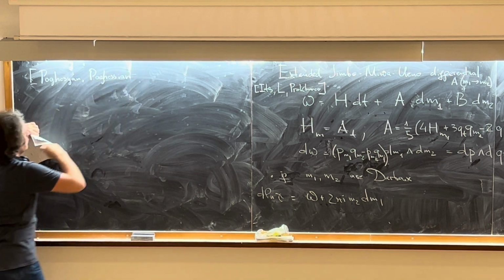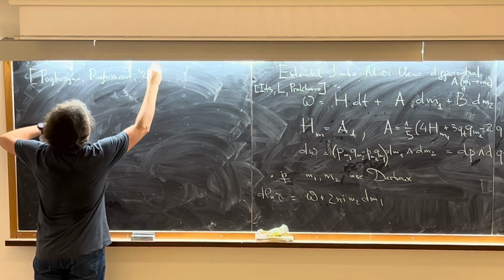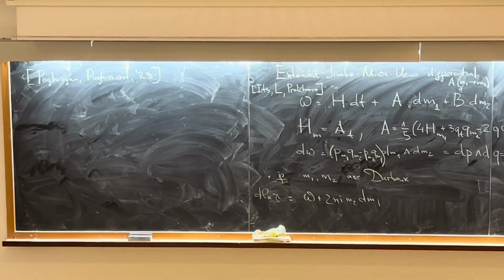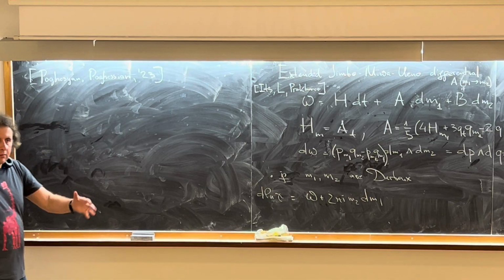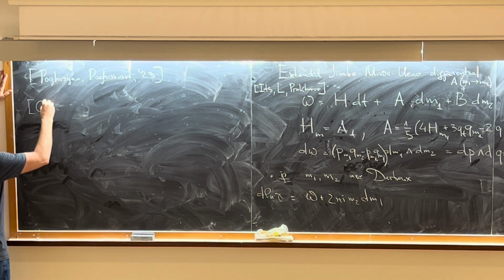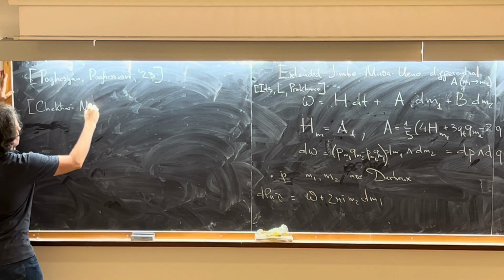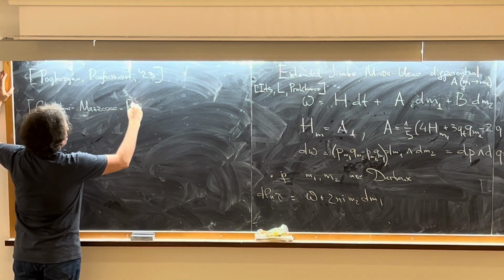I don't know if the two are related, but I strongly suspect so. But a useful starting point for that will be my favorite picture, which is due to Chekhov, Mazzocco, and Rubtsov.